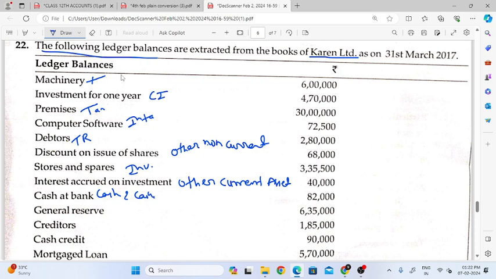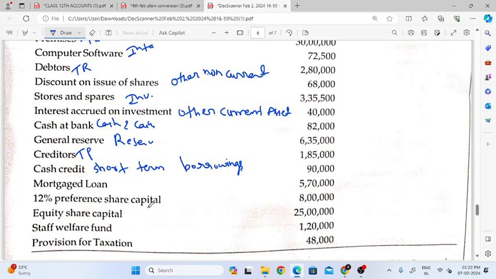Then general reserve is your reserves and surplus. Creditors is your trade payables. Cash credit 90,000 is your short term borrowings. Then mortgage loan, long term borrowings.